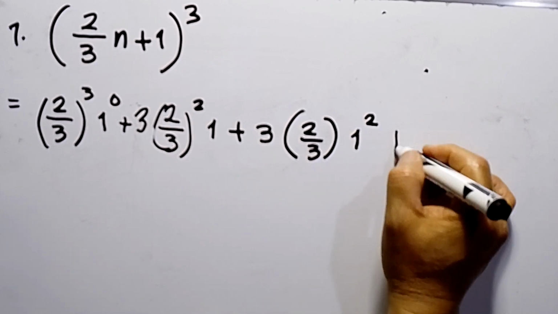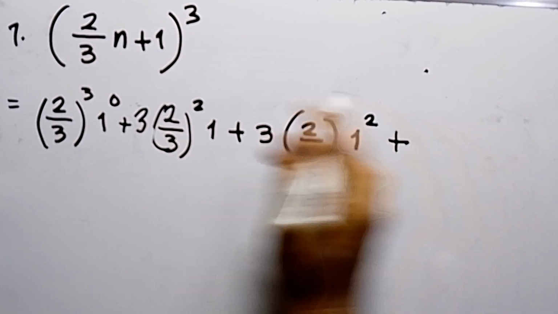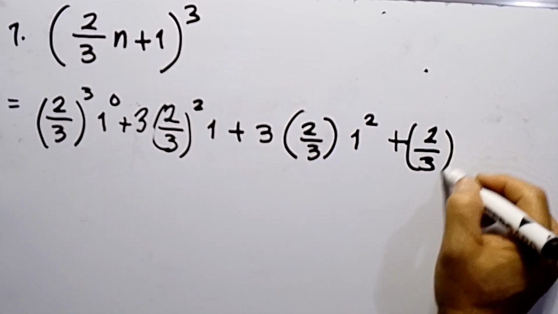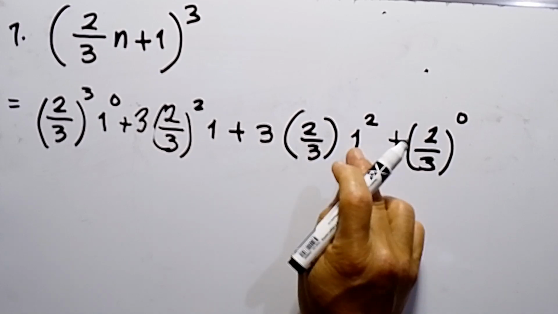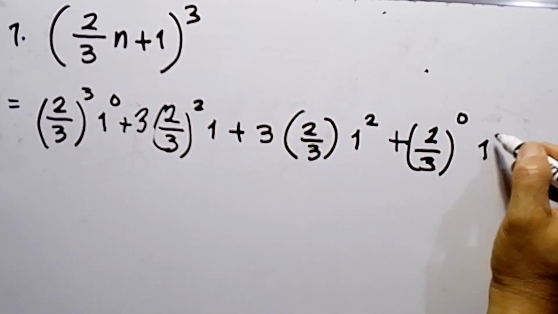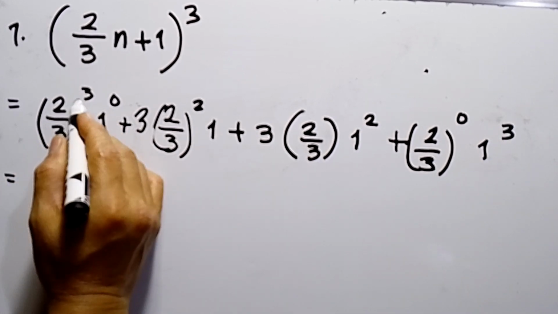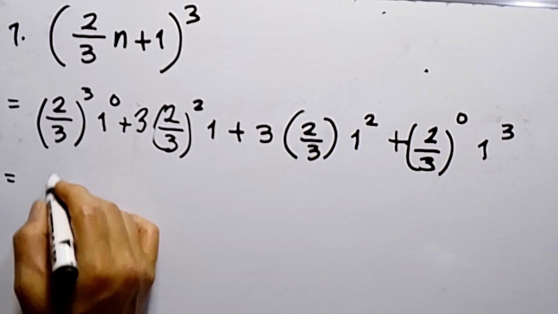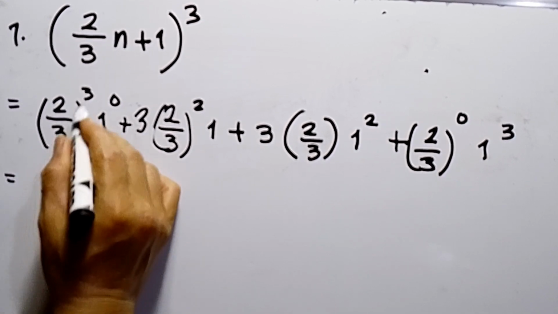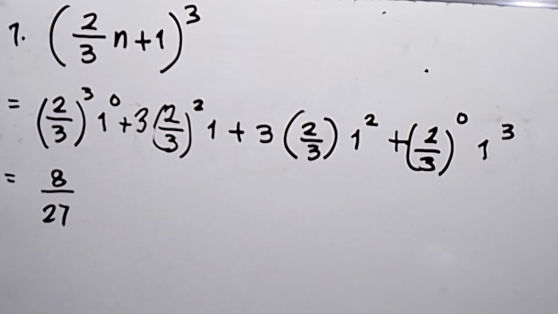And then plus, since this is 1, next to 1 is 0, because this is decreasing. So this will be 2 over 3 raised to the 0 power. And then the second term will be increasing. Since this is 2, this will become 3. So this will be 2 over 3 raised to the third power. 2 to the third power is 8. 3 raised to the third power, 3 times 3 times 3, that will be 27.